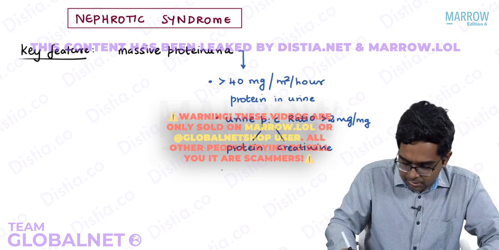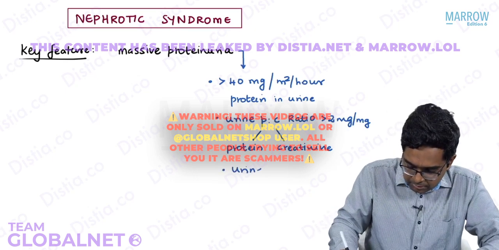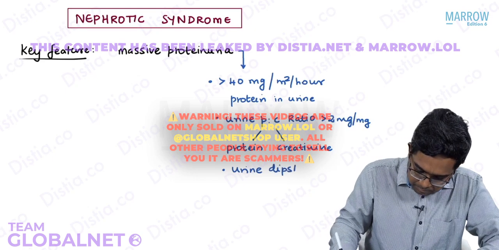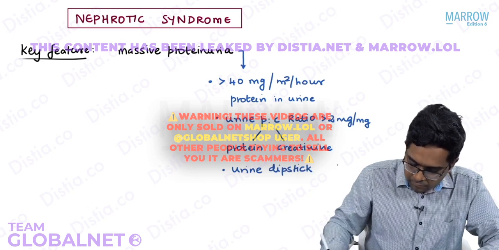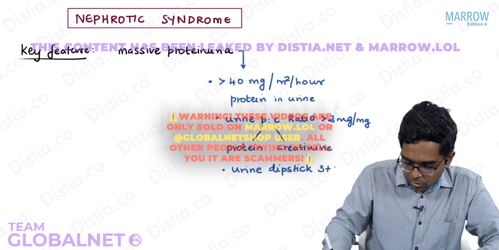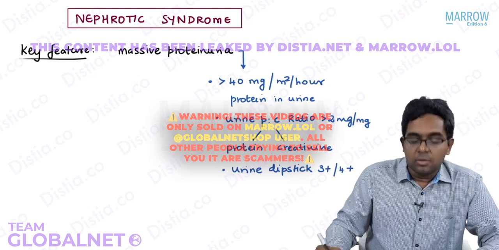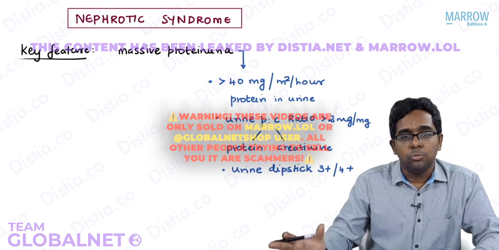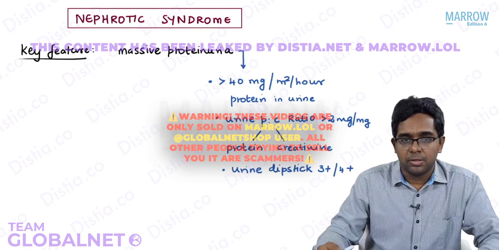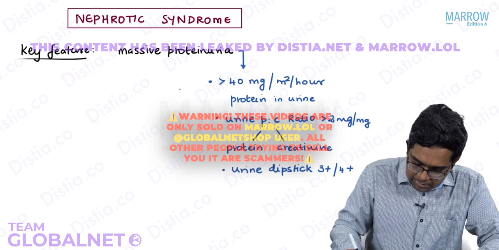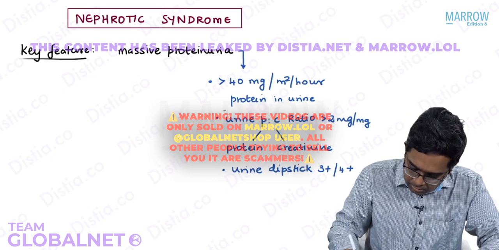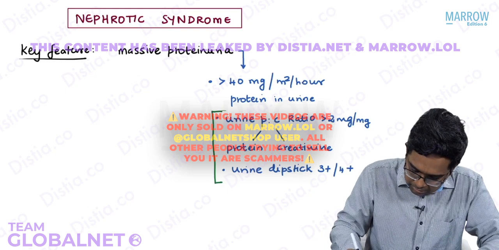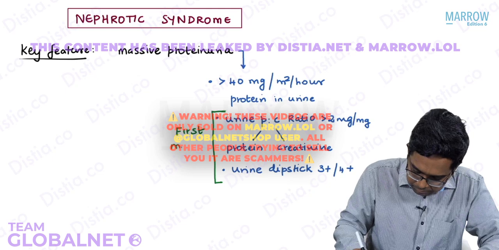Third is urine dipstick testing, which reveals 3 plus or 4 plus proteinuria. These are the grades of proteinuria. The higher the grade, the more severe the proteinuria. Now, the PC ratio and urine dipstick measurement should be done in the first morning sample, that is, when the child wakes up.